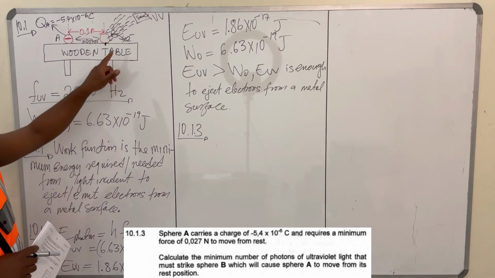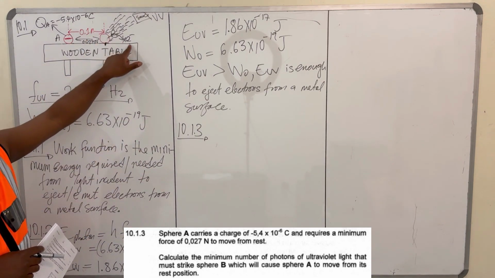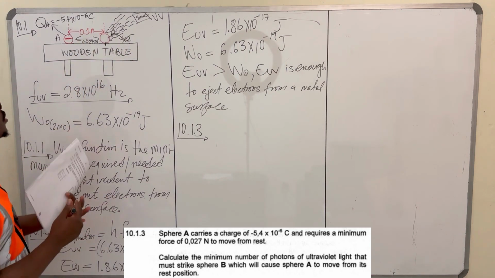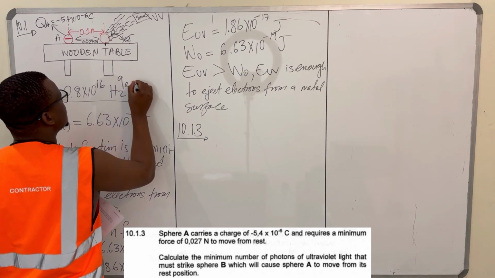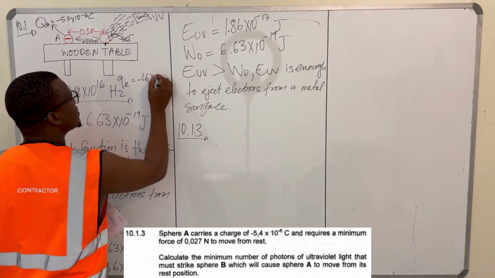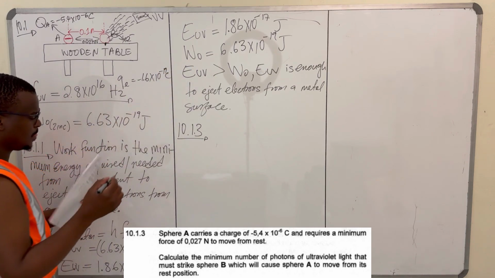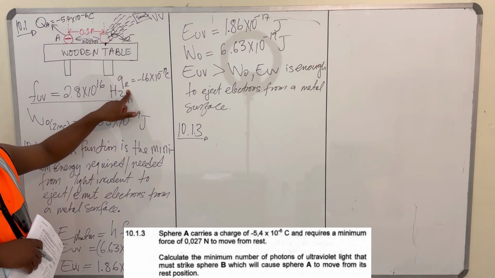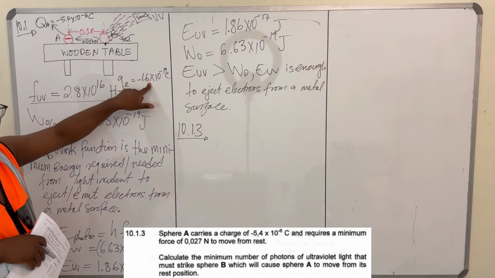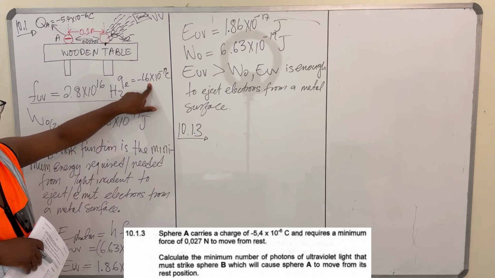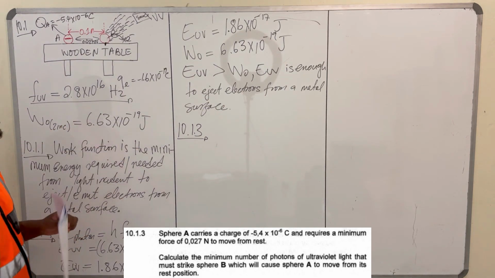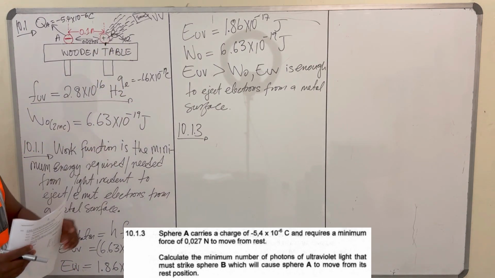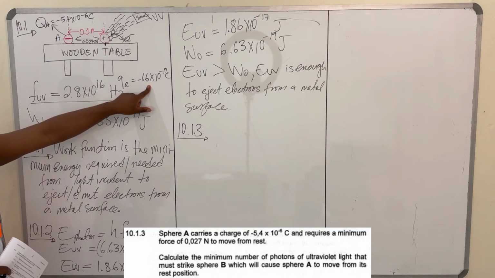Because it was uncharged, now you are removing negatively charged electrons, because you know that an electron charge is equal to -1.6 times 10 to the minus 19 coulomb. So if you are removing the electrons, you are removing these amounts of charge from that metal. Now you will be left with a slightly positive sphere, because you have removed the negative charges.